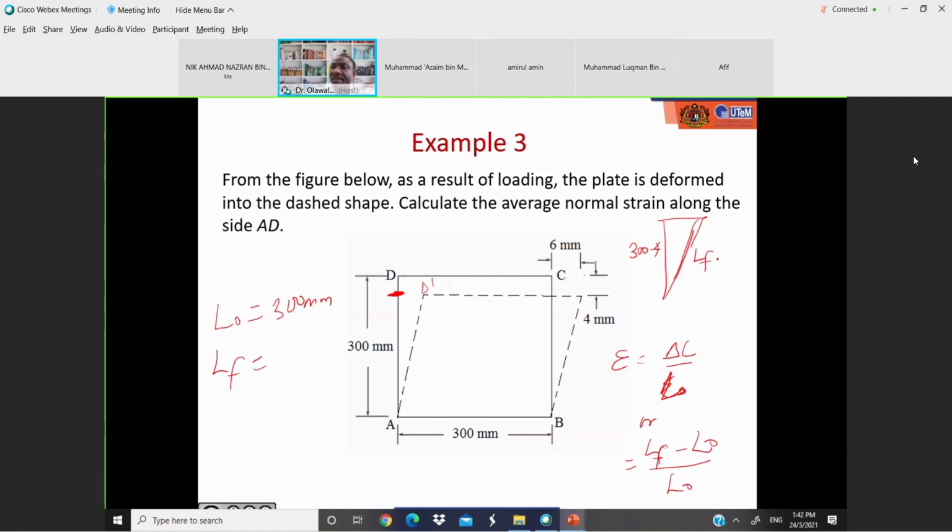So this is your 6. So you need to use Pythagoras theorem to determine this. So your LF is equal to the square root of (300 minus 4) squared plus 6 squared. Do you understand?